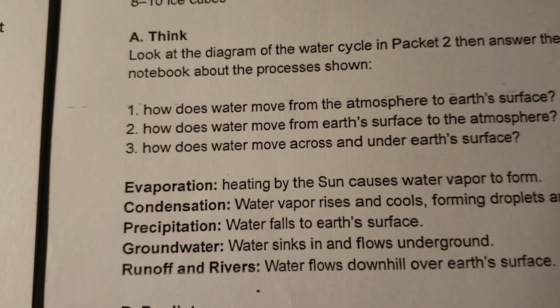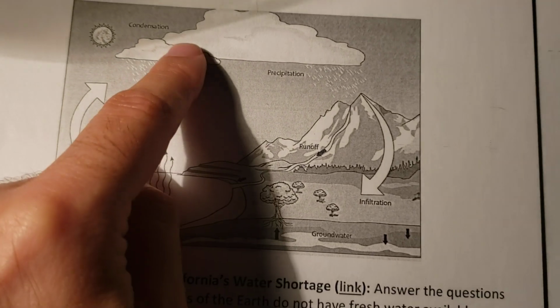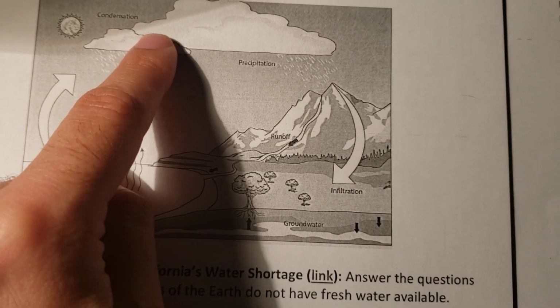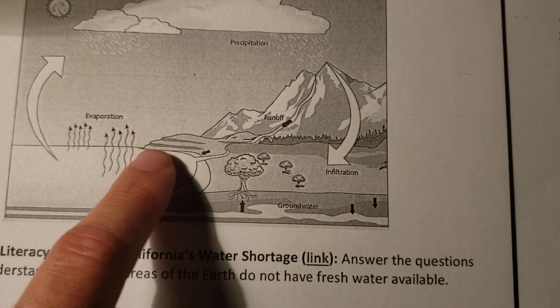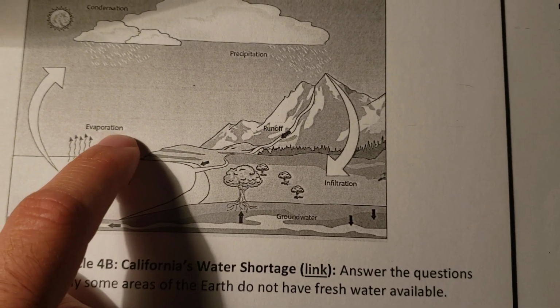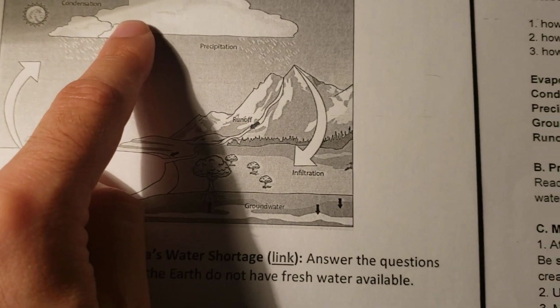Number 2, how does water move from the Earth's surface to the atmosphere? So how does it go from here to there? We know that water, when it reaches a certain temperature, evaporates and becomes a gas form that goes up into the atmosphere. Okay?